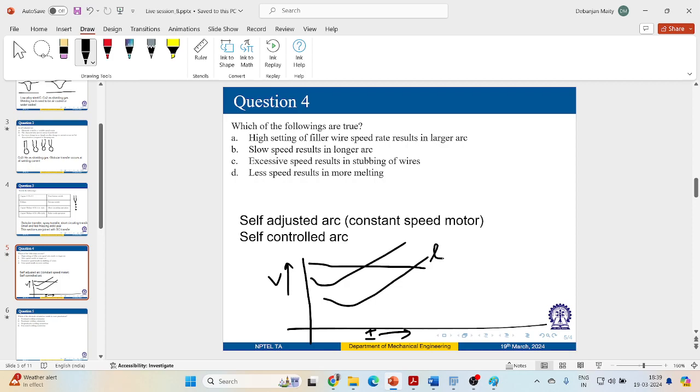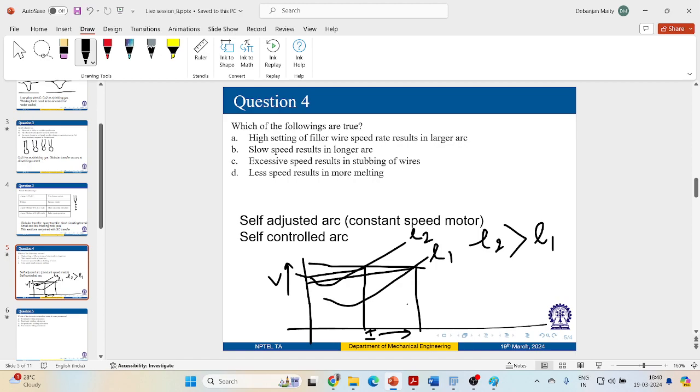Let's say this is for arc length L1 and this is for arc length L2, where L2 is greater than L1, right? Now, with the same change in arc length, what is happening?